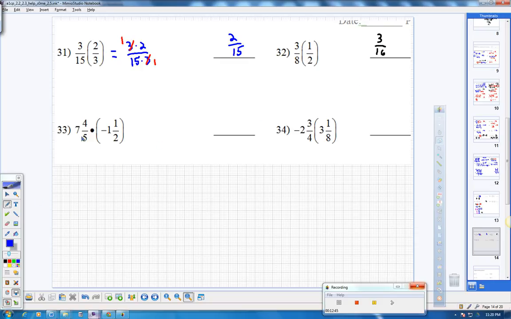With 7 and 4/5 times -1 and 1/2, I would want to convert these to improper fractions first by multiplying 7 times 5. That's 7 groups of fifths. 7 groups of fifths is 35, plus 4 more is going to give me 39/5.